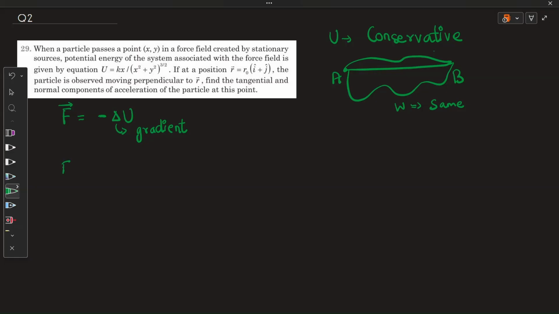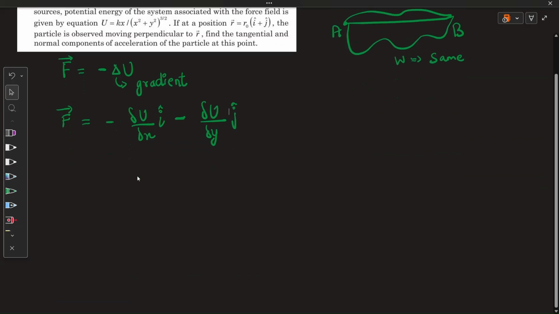The gradient is negative of ∂U/∂x, the partial derivative of the potential energy function with respect to x, minus the partial derivative with respect to y. This is the force vector.